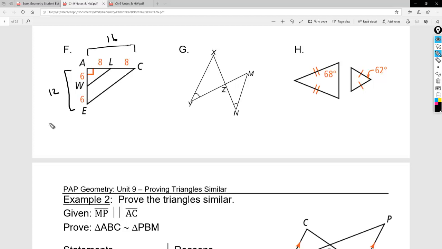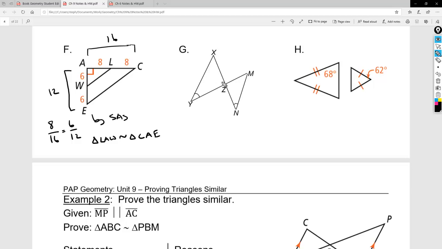This is going to work out, but just to write out my work, 8 must be to 16 as 6 is to 12. And then obviously angle LAW is going to be congruent to angle CAE because they're both right angles, they're the same angle, so the reflexive property works there. And so I can say by side angle side similarity that triangle LAW is similar to triangle CAE.